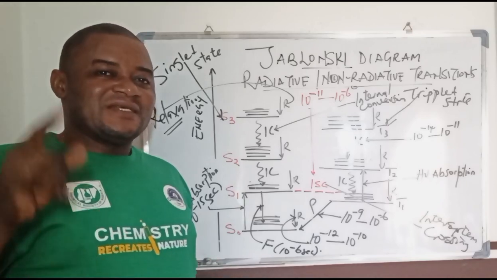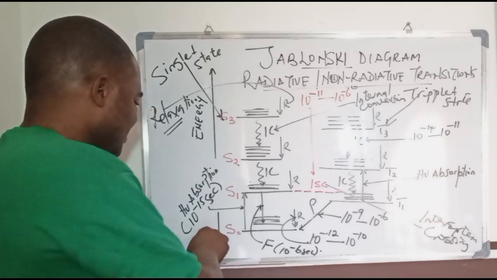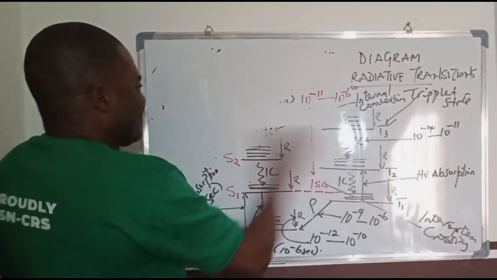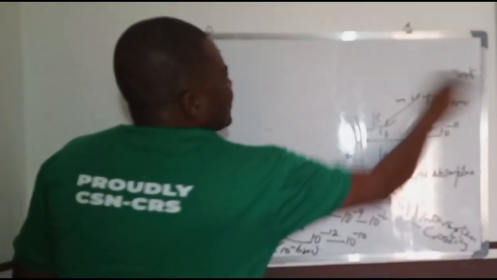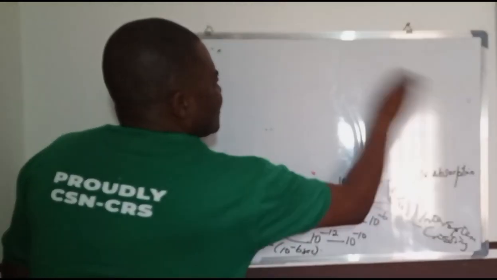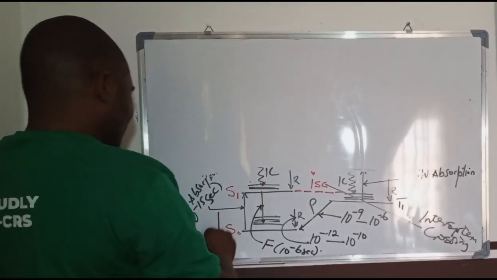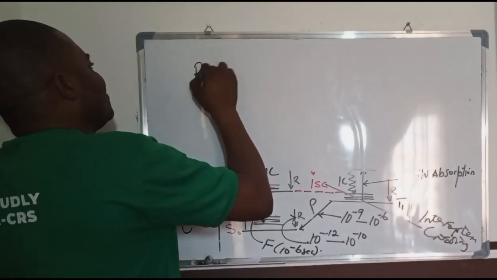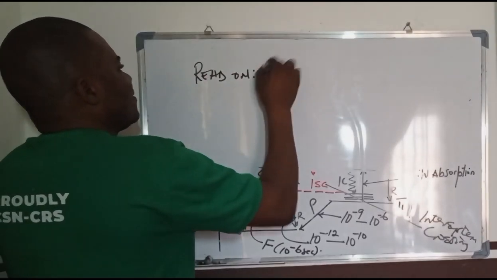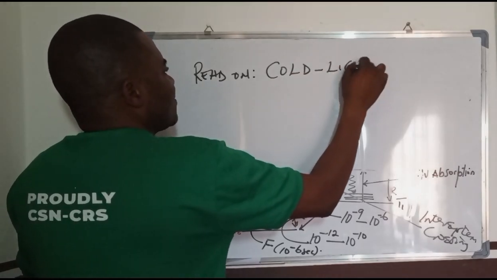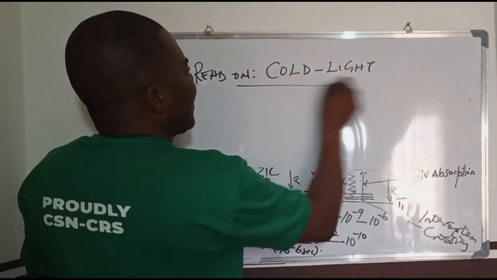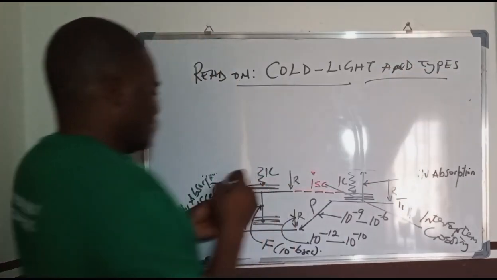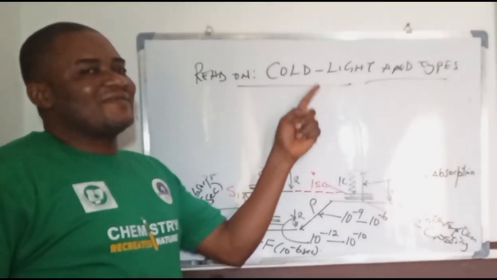Now I'm going to give you something to go and study to have a better understanding. That thing you're going to go and study is called cold light. So, you're going to read on cold light and types.